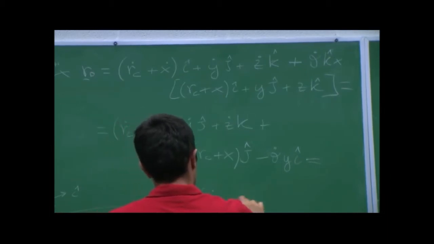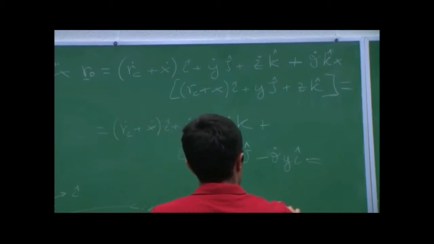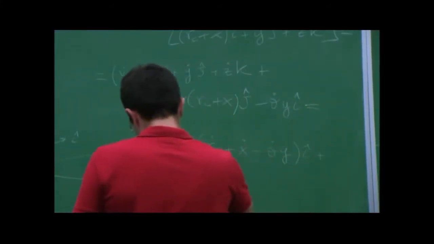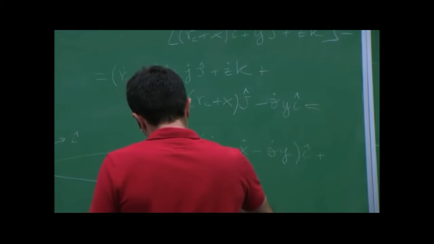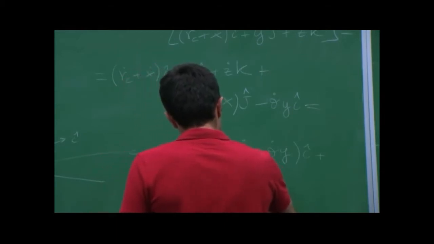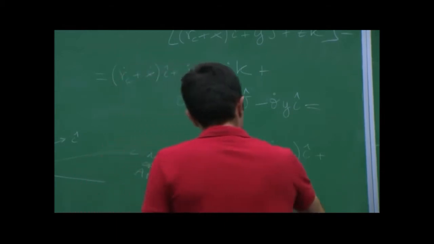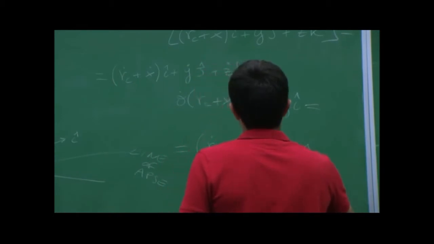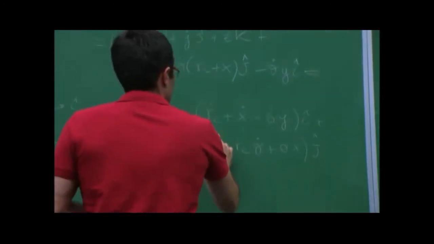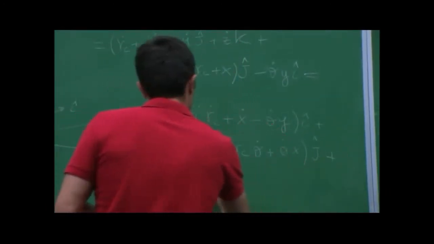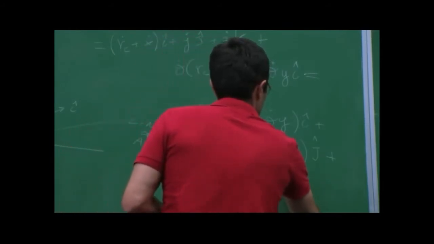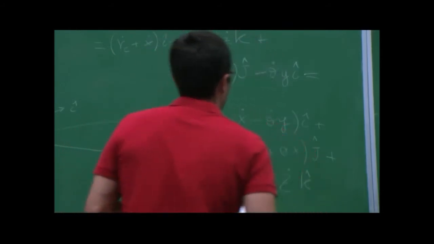RC dot plus x dot minus theta dot y on I, plus, in the other direction, you have y dot plus RC theta dot plus theta dot x on J. Is that right? Think so? And then finally you have z dot K.